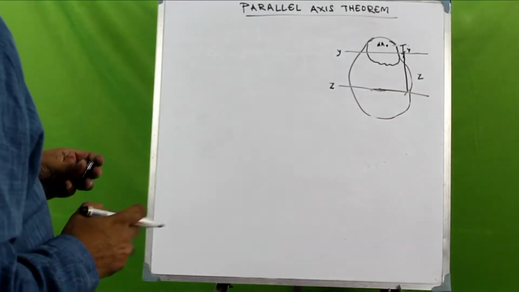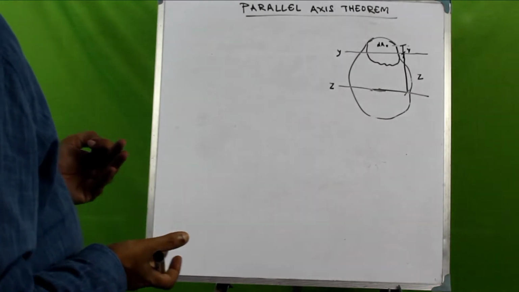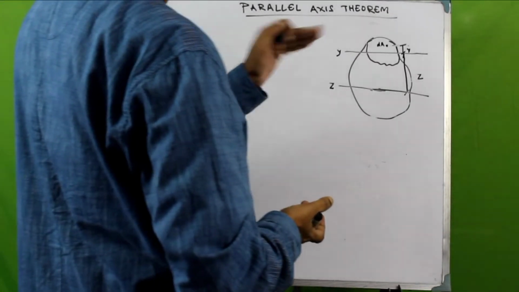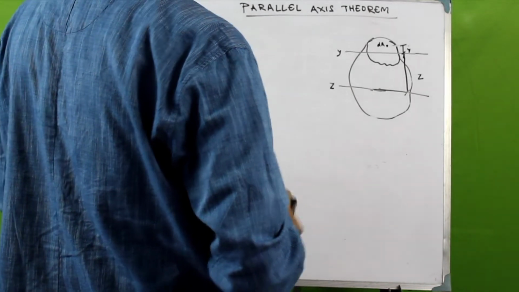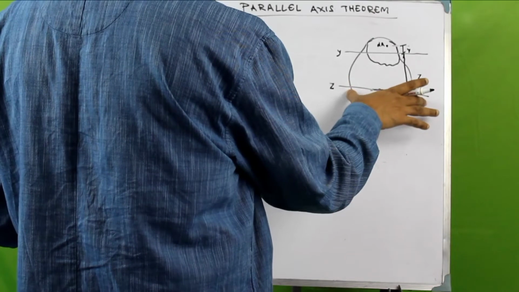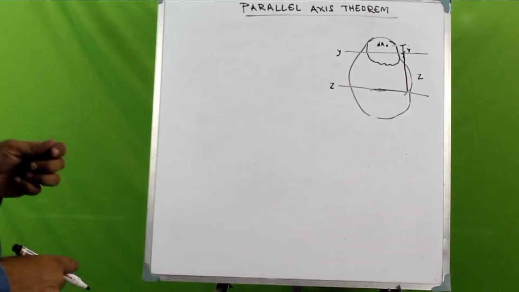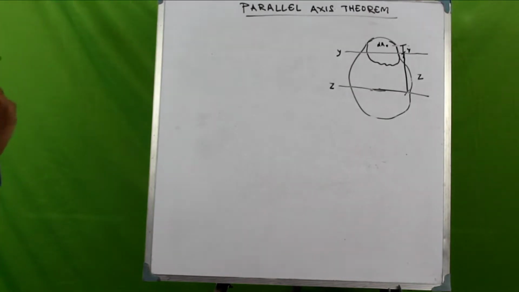Now, our intention is to calculate the moment of inertia of this part area about this axis, which is the centroidal axis for the whole area. So how do we do that?